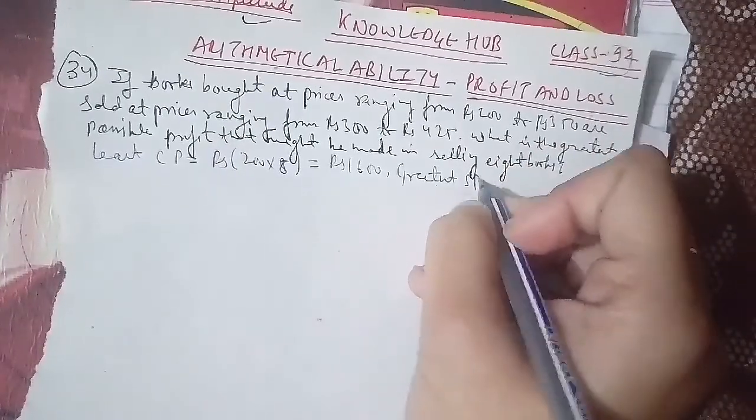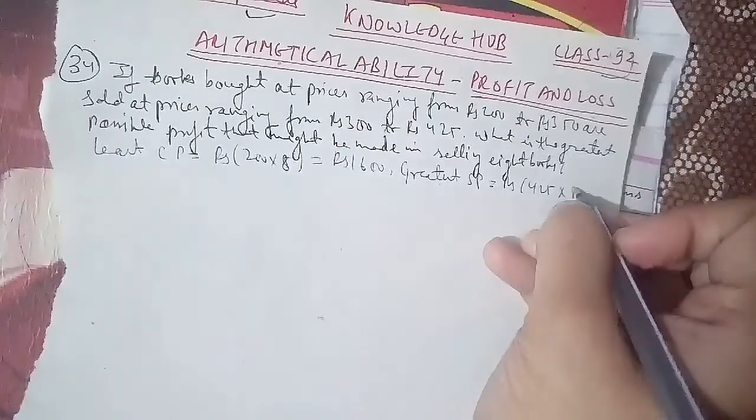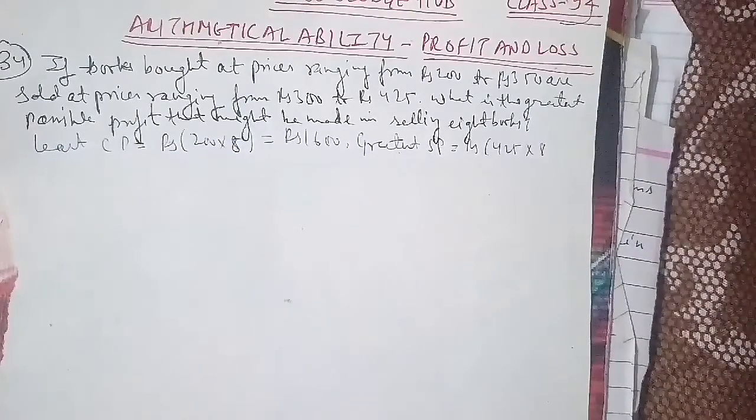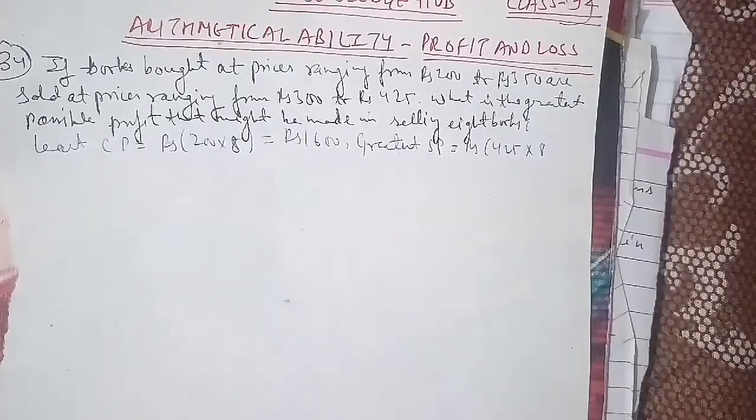Greatest SP equals rupees 425 into 8, which is equal to 3400.